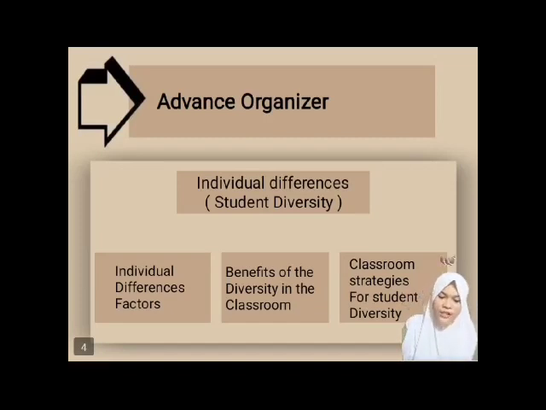And the benefits of diversity in the classroom: students gain a more comprehensive understanding of the subject matter. It also teaches students how to use their own strengths and points of view to contribute in a diverse working environment. And next, classroom strategies for student diversity.